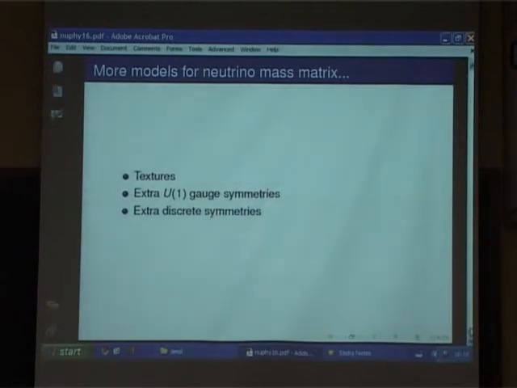People use extra discrete symmetries, so some rotation symmetries. We don't go into these. Again, I gave these things to you as words, so people interested in looking at mass matrices can search for these 3 words and find them. This will also be there perhaps in the blog.